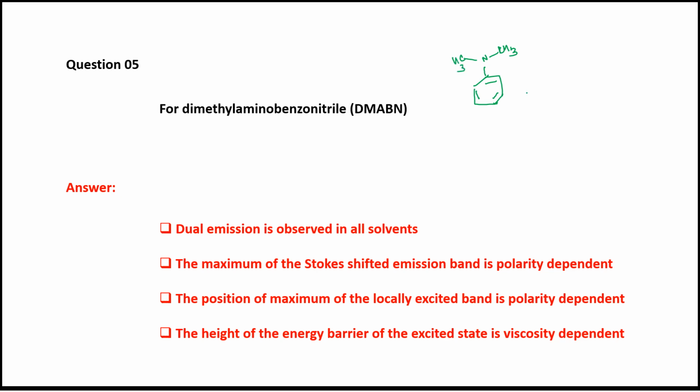Dimethylamino, and benzonitrile, that means the benzene has a CN group. Okay, now so far what we can understand is this N is the positive end, and this CN has the negative end. Therefore, this is a polar molecule.